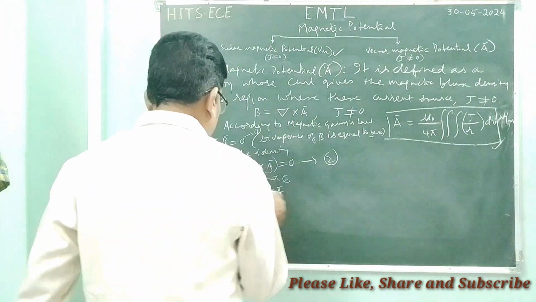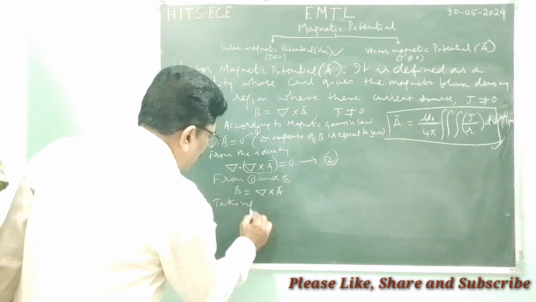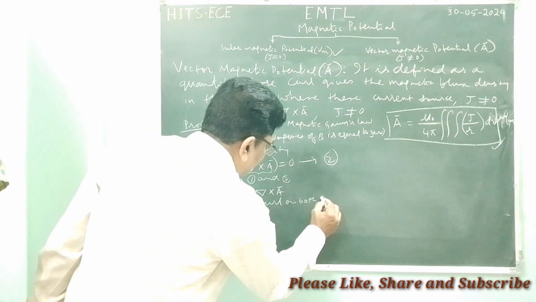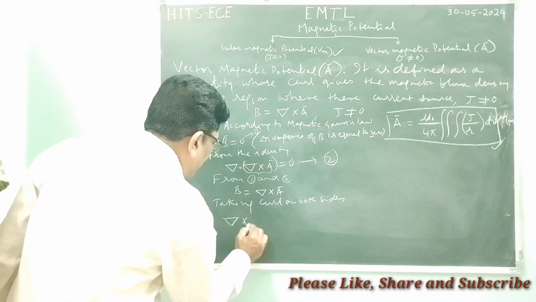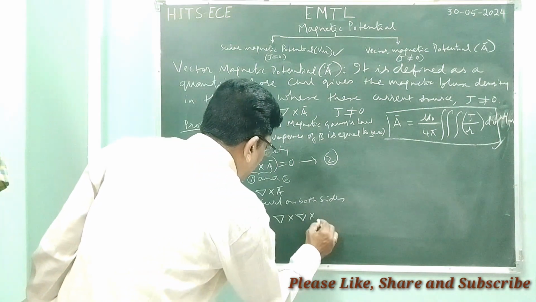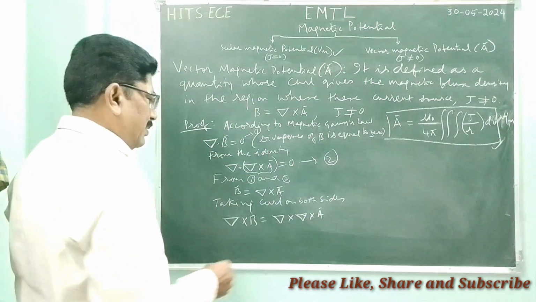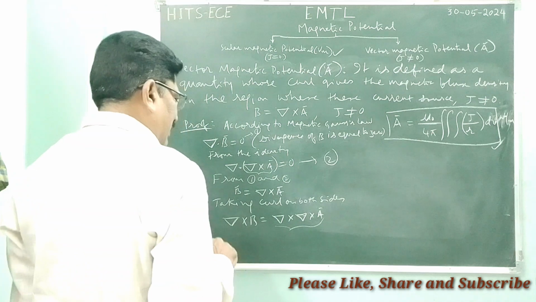Taking curl on both sides, we will get del cross B is equal to del cross del cross A. This identity is already proved in vector calculus.